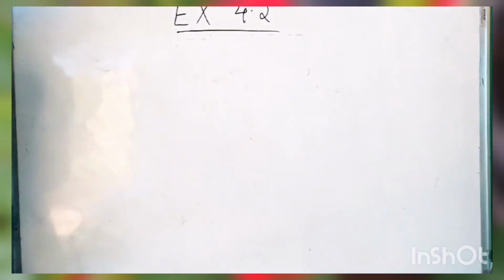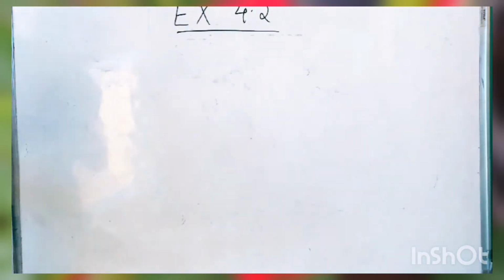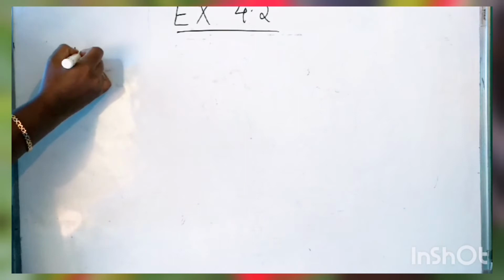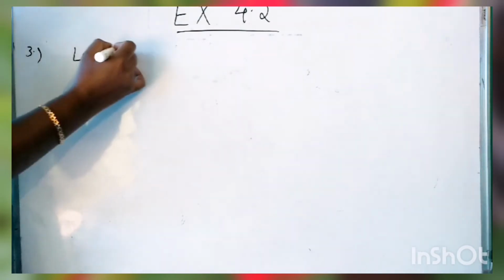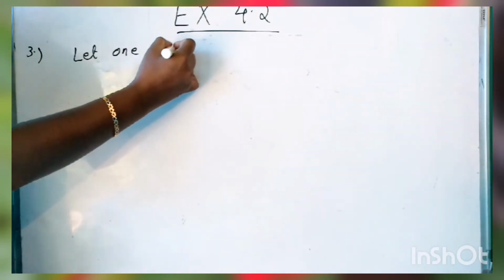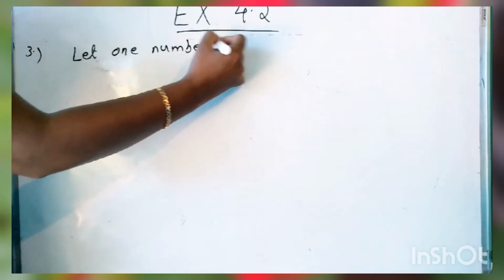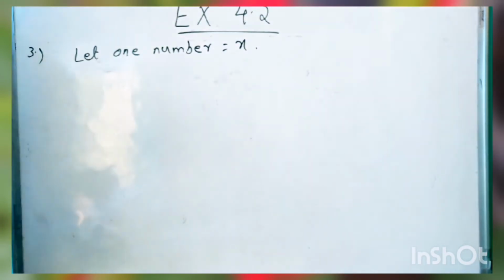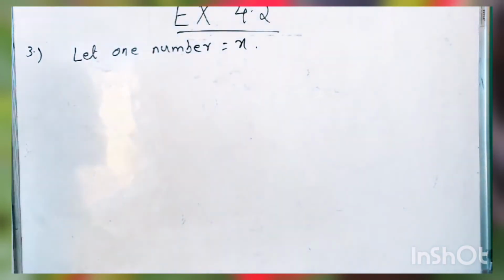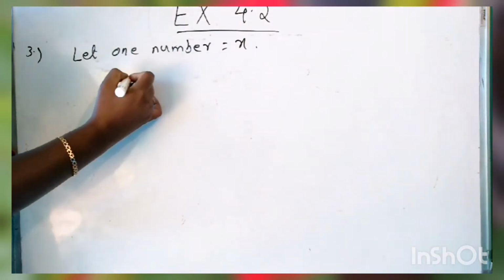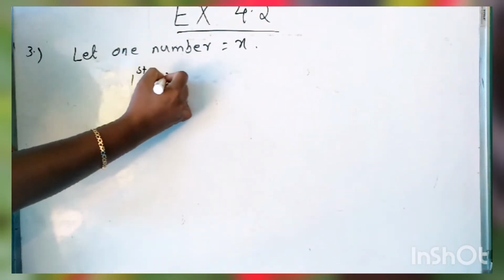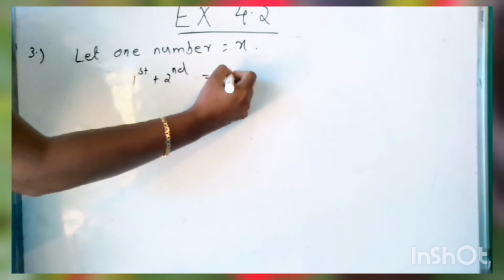So I am going to take one number. Let the first number be equal to x, and it is given that the sum of first number plus second number is equal to 27.